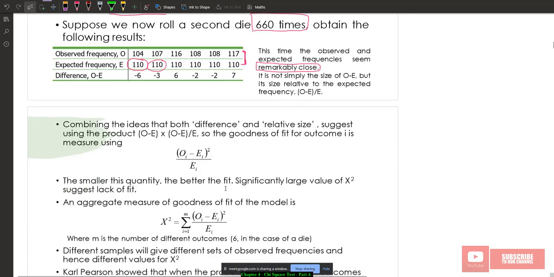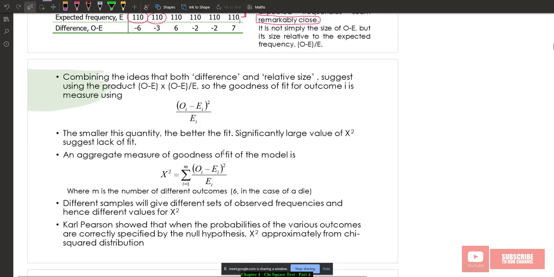So now, to understand this further, we understand the expected frequency and the difference between the observed and expected frequencies. When we combine the idea of both the difference and the relative size, we get observed minus expected, squared, divided by expected. This is the goodness of fit for the outcome of 660 trials.